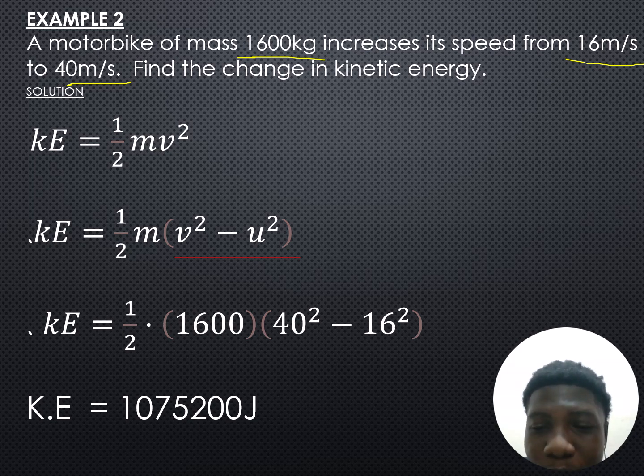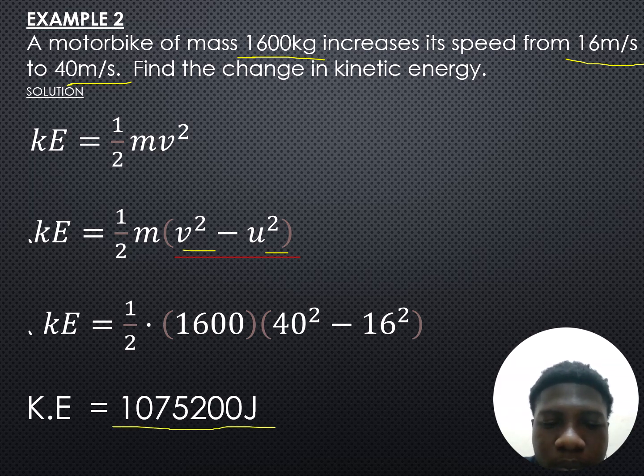Normally if you hear it increases from this to this, the one it increases from will be your initial, because that's where it started. Initial means where it started from, and the second will be your final, because that's where it ended. So you just fix in your values: half multiplying 1600 into bracket our final, which is 40 squared, minus our initial, which is 16 squared. I think we are going to get an answer like this.